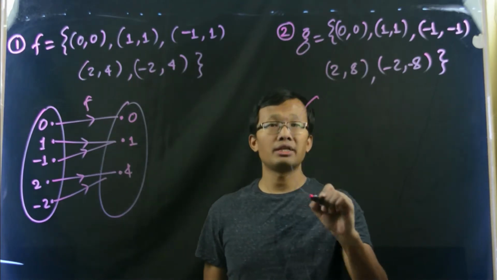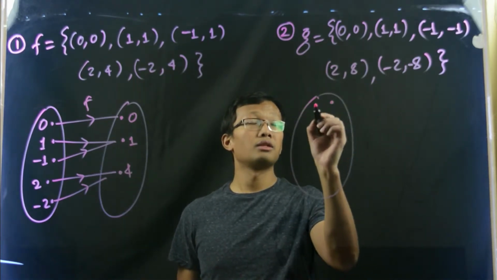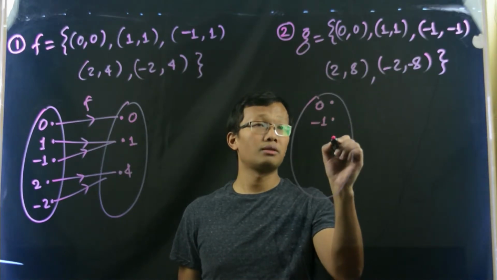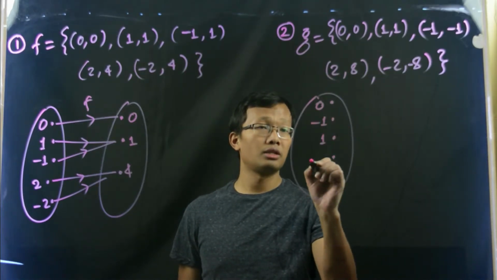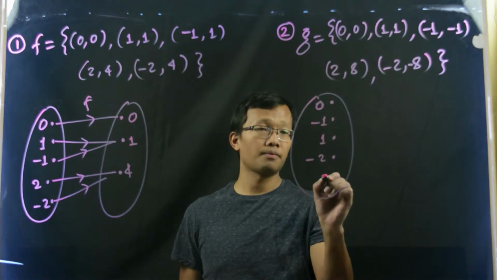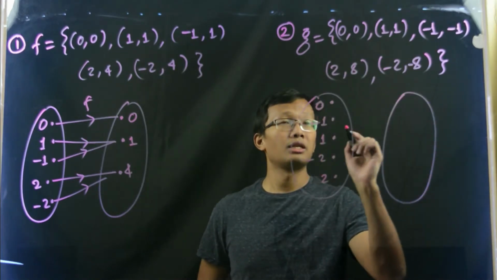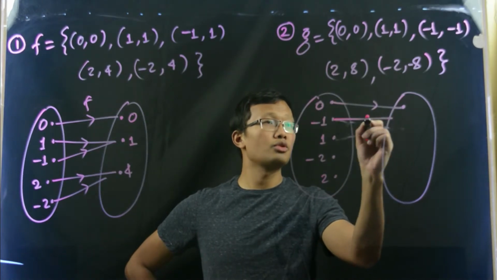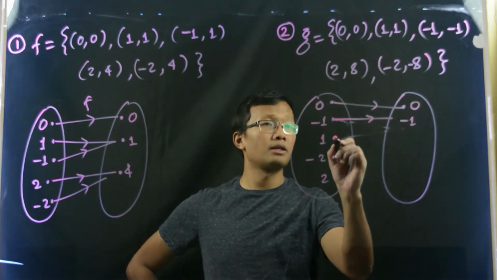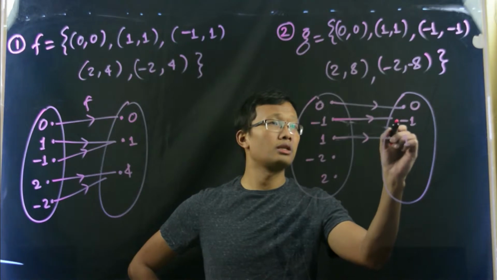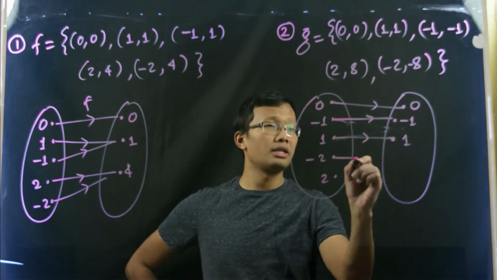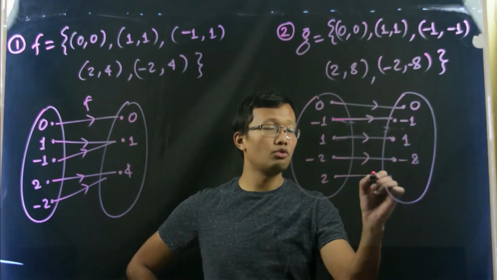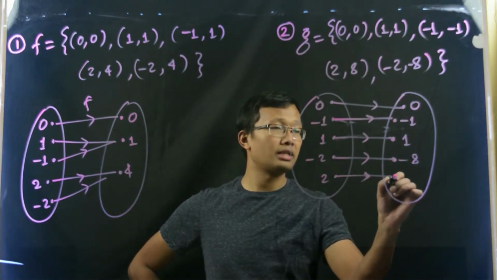And similarly here, let us write down 0, -1, 1, -2, 2. Then 0 goes to 0, -1 goes to -1, 1 goes to 1, -2 goes to -8, and 2 goes to 8.